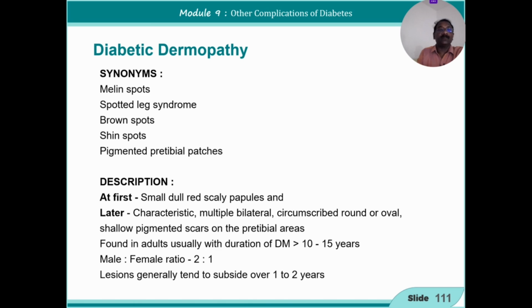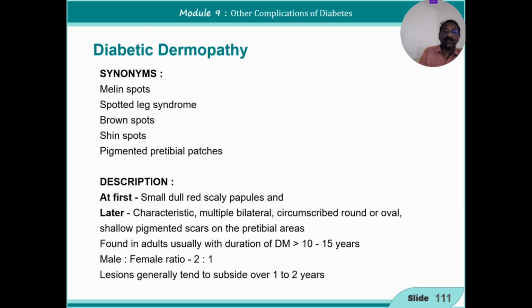Diabetic dermopathy, also called Melin spots, spotted leg syndrome, brown spots, shin spots, and pigmented pretibial patches. Small, dull red scaly papules, later characteristic multiple bilateral, circumscribed, round or oval, shallow pigmented scars on the pretibial areas.